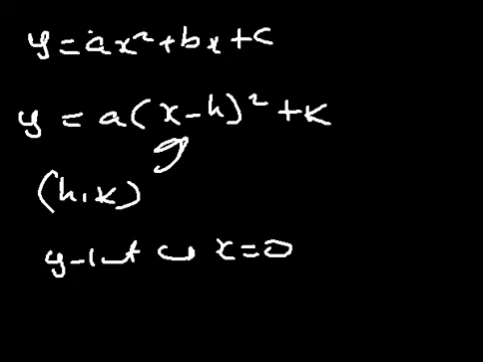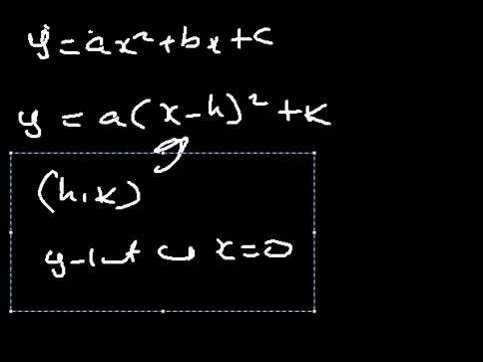So you put x is equal to 0 here and solve for y, and you have the y-intercept. And the x-intercept, we'll have it upon having y as 0, and you solve the way we solve quadratic equations. Take note of that.